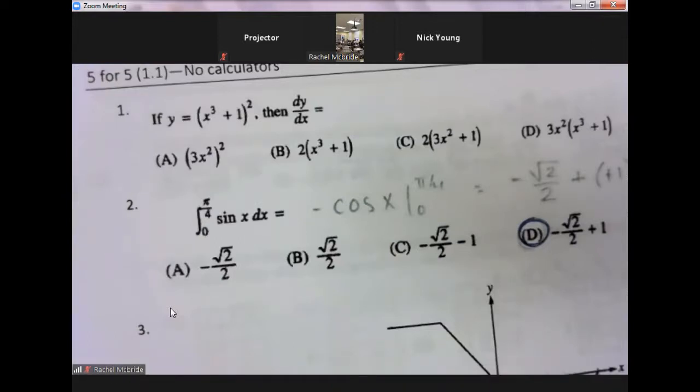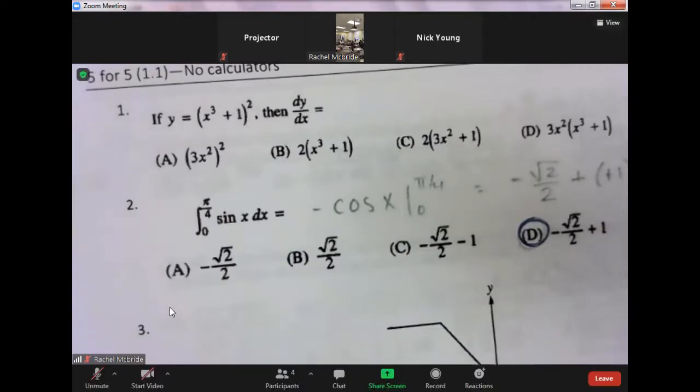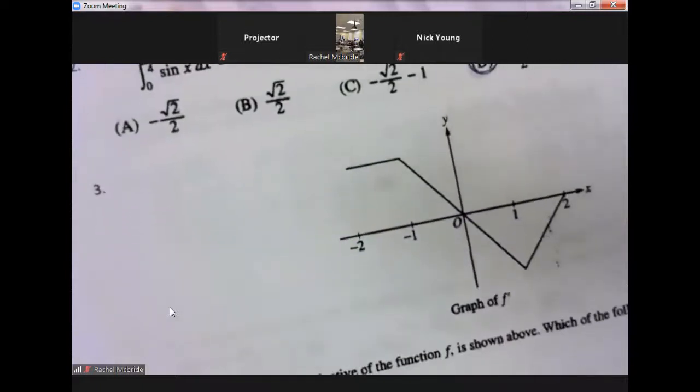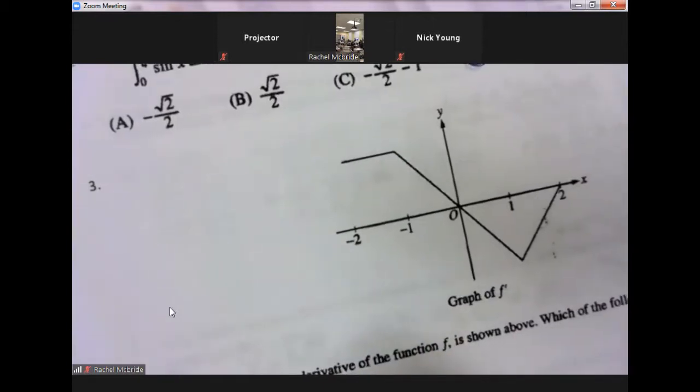Previously you had a 20% chance of getting a question right based on guessing. Taking it from 5 to 4 gives you a 25% chance. I also think that when they went from 5 to 4, sometimes the questions got a little bit more difficult. Number 3, your correct answer is B.